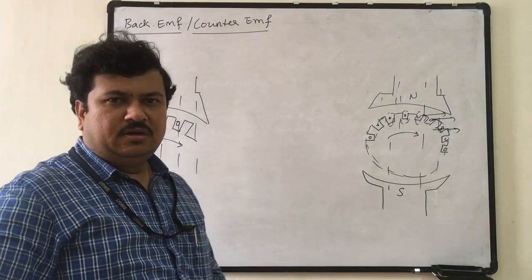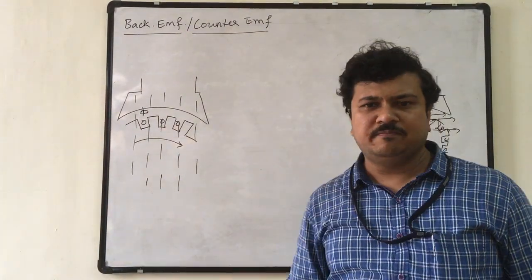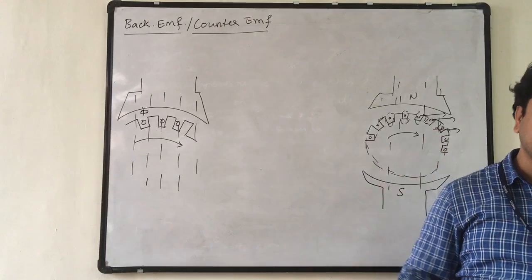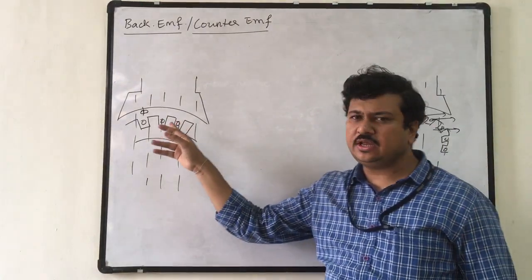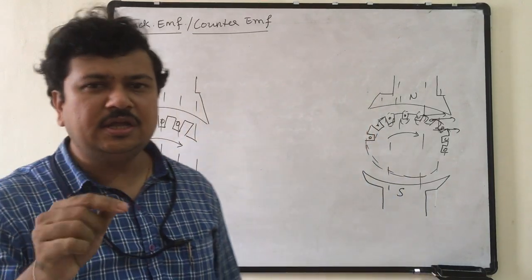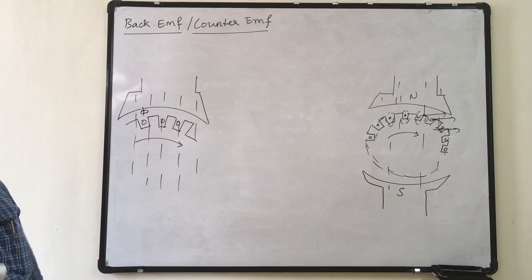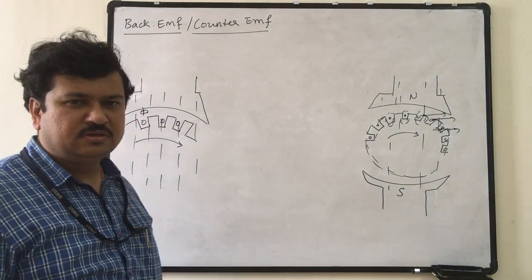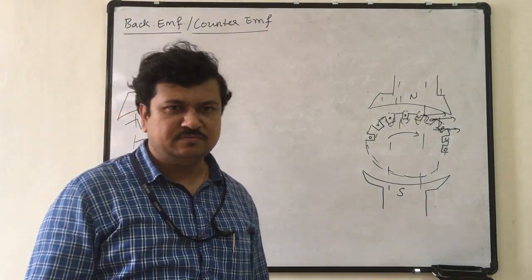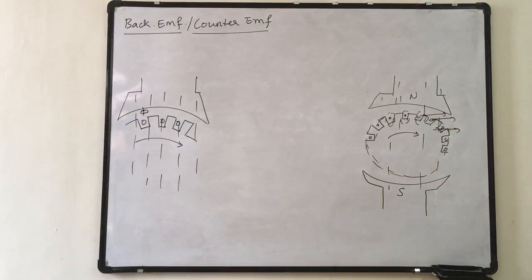A torque is produced, a force is produced on these conductors and they rotate. While rotating, they continuously cut the flux produced by each pole. Now what happens when any conductor cuts flux? An EMF is induced.